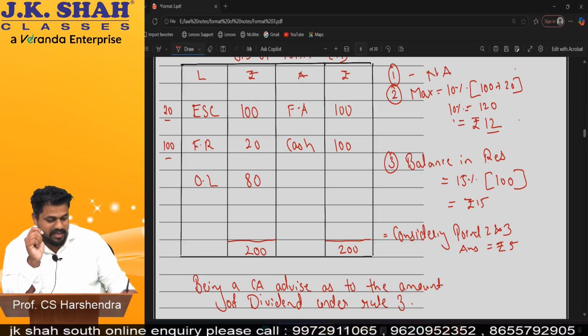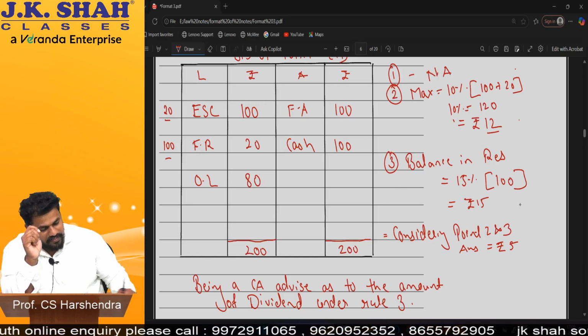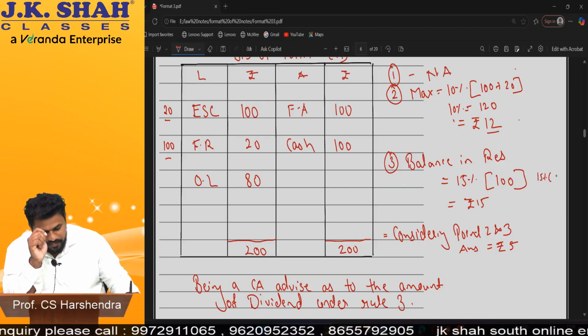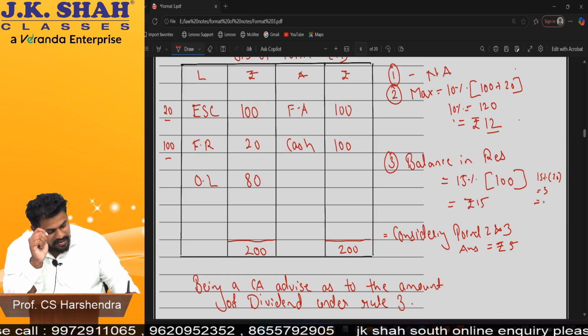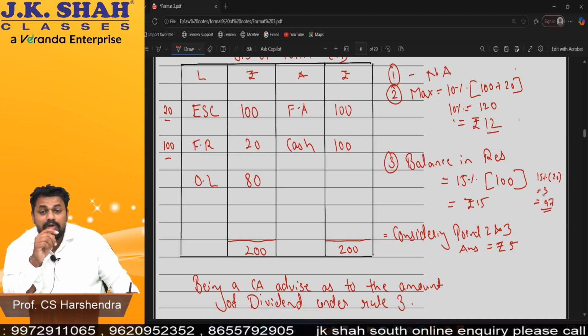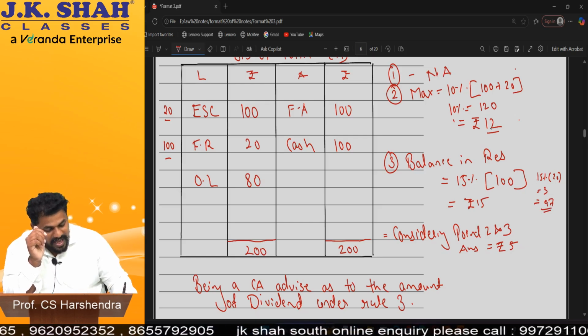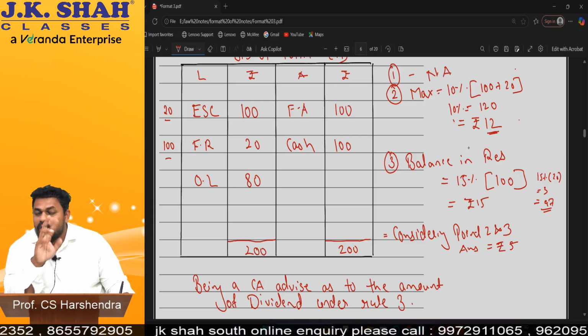Do you remember? Now balance in reserve, if you say, sir, balance in reserve should be 15% of capital. Now in the second case, 15% of 20 is 3 rupees. The rest is 97 rupees. Can I pay 97 rupees, beta, as dividend? Answer is no. The reason is, maximum amount which I can utilize is 12 rupees only, 10% of paid up capital plus free reserves, not more than that.